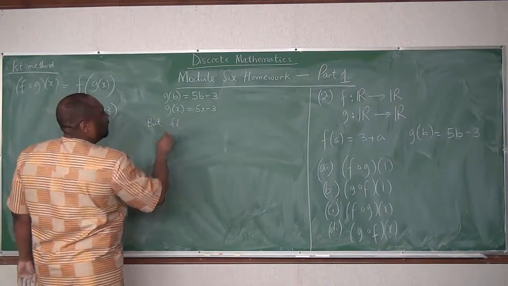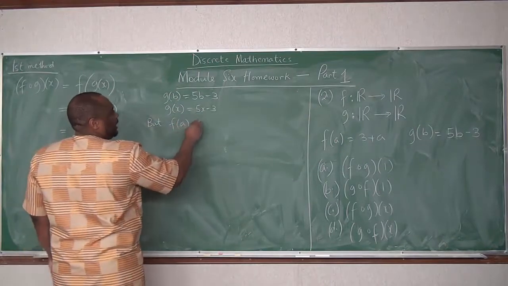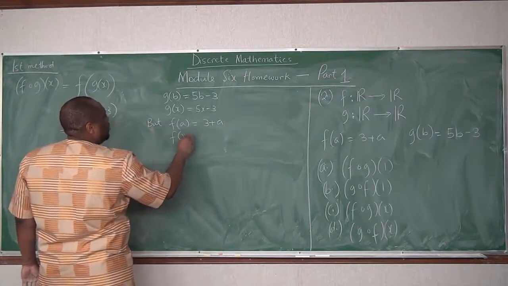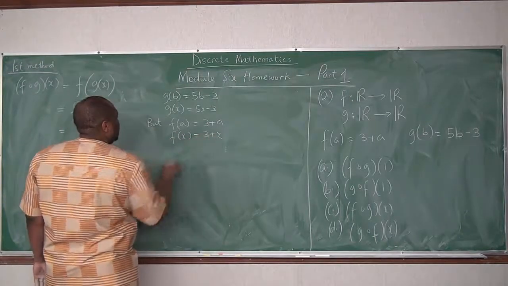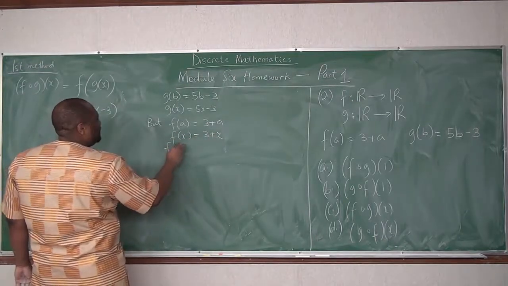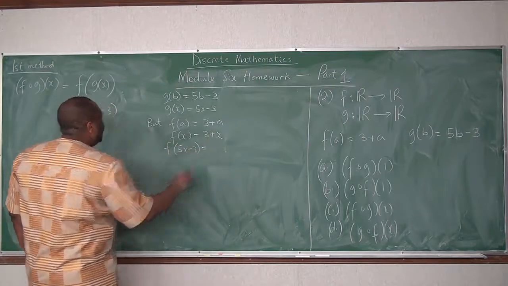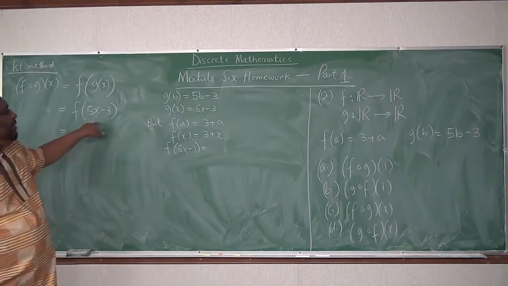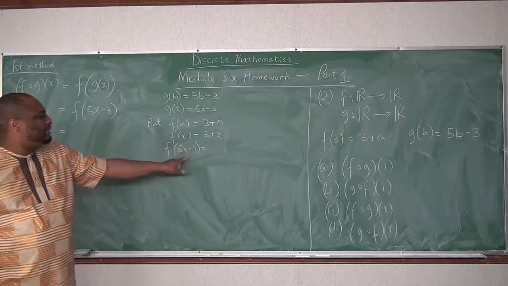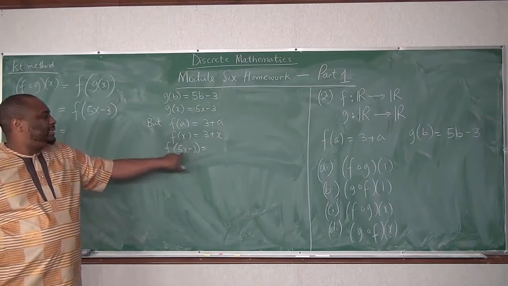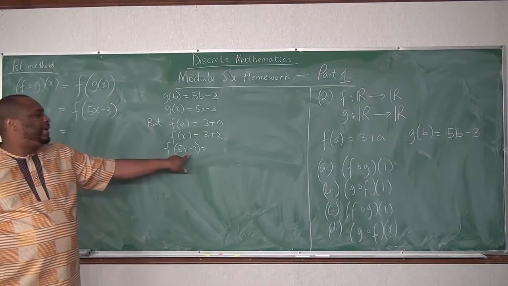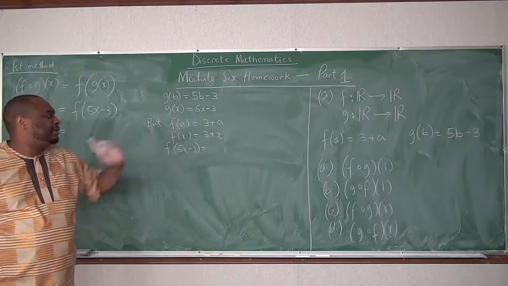Now, f of a is 3 plus a. So f of x will be 3 plus x. Now, f of 5x minus 3 means anywhere you see x, you put 5x minus 3.